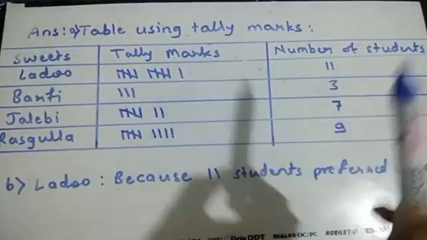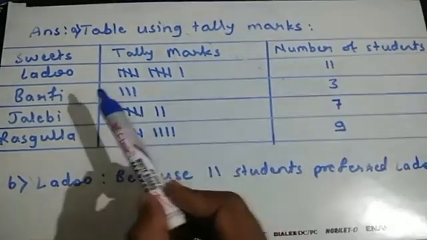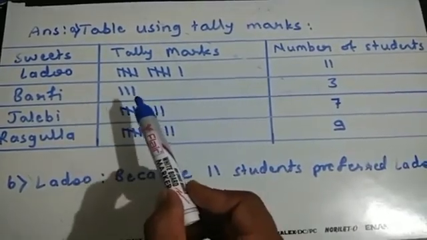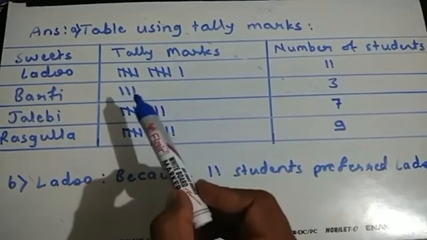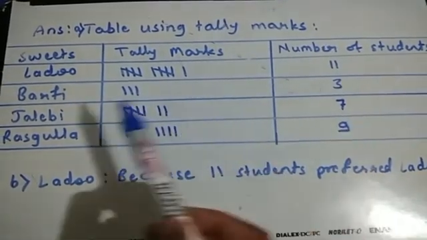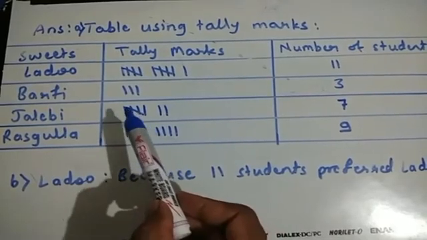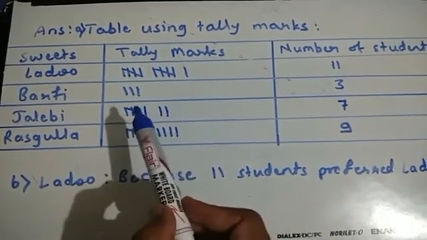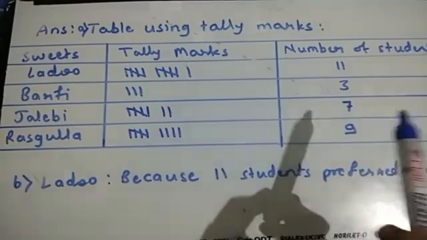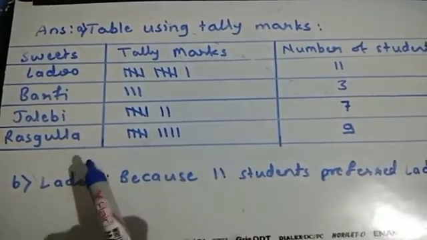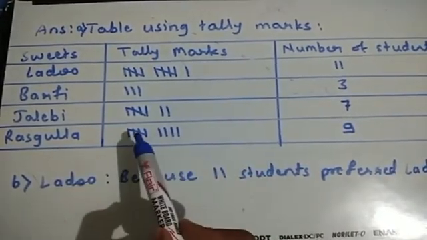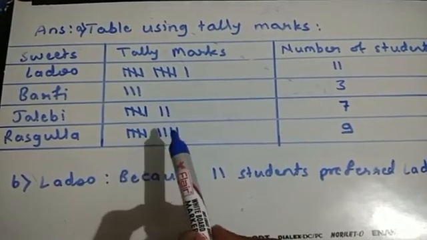Then next, 3 students preferred barfi. So 3 we can represent in this way by drawing 3 small vertical lines. Then 7 students preferred jalebi. So how to represent 7 here? 4 vertical lines, 1 slanting and 2 more. Therefore total 5 plus 2 is 7. And 9 students preferred rasgulla. So how to represent 9 here? Here 1 group of 5 lines and here 4 more.